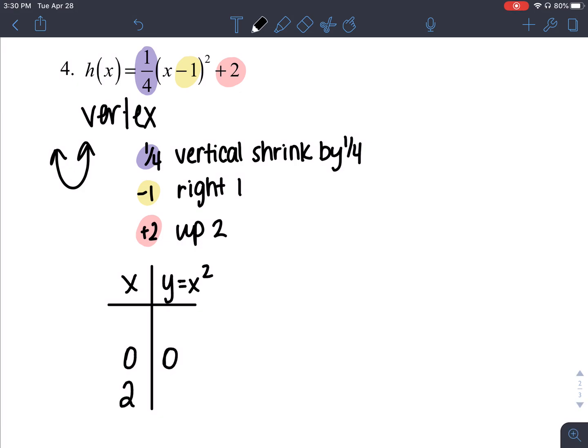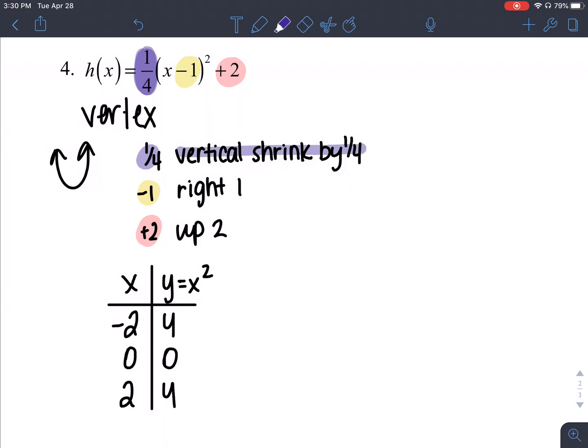I could also say 2 and -2. I'm going to choose 2 and -2 as well because when I see that first transformation, I see it's 1/4. So that's the same thing as dividing by 4, which is going to be easier with an even number. So -2 squared is 4, and 2 squared is 4. So those are my beginning points, and I'm actually going to show you how to do this in a table just in case you prefer that way.